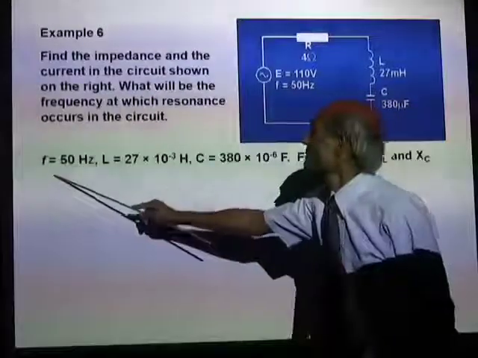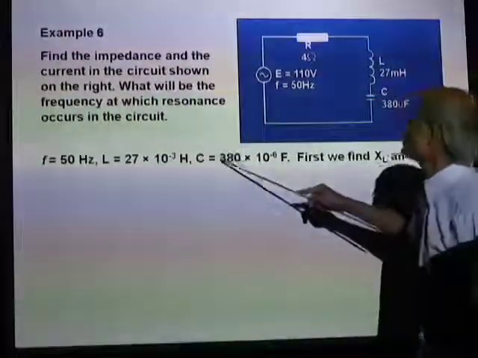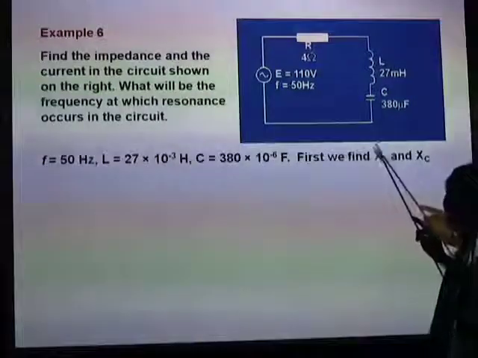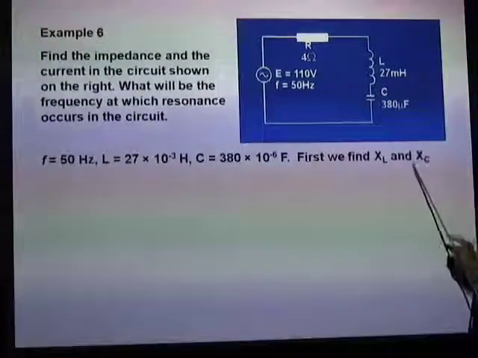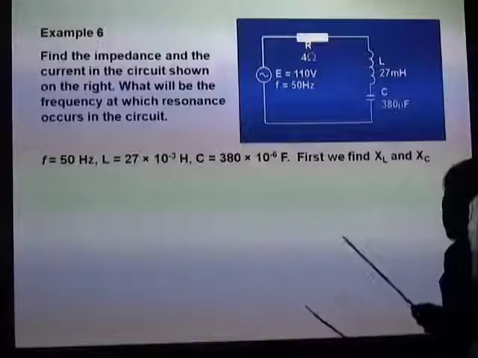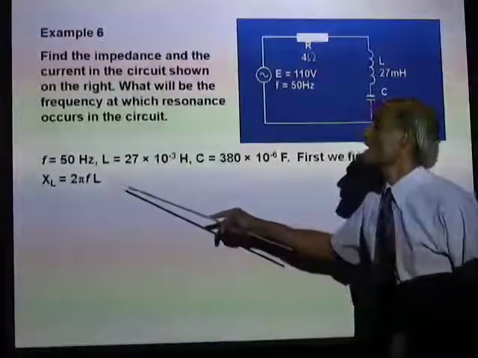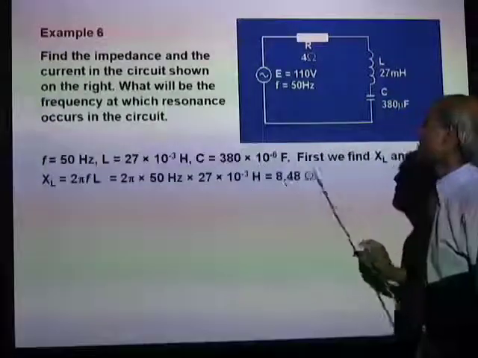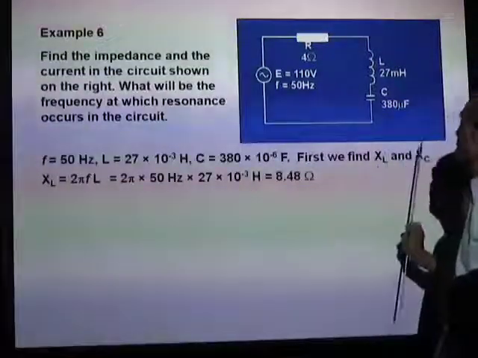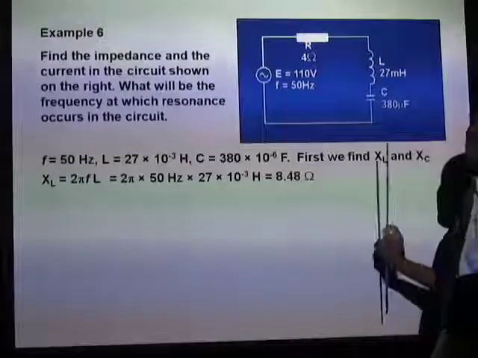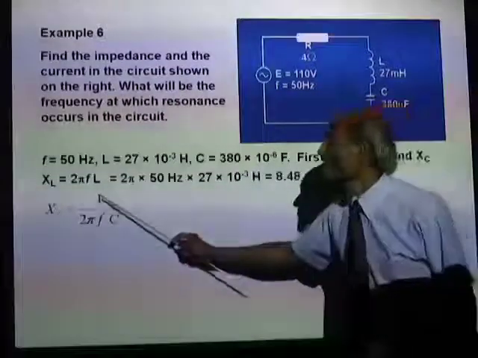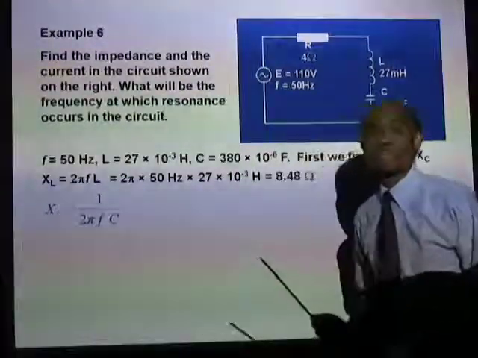Well, we got the frequency, inductance, capacitance. First we find XL and XC. Simply use the formula. XL is 2 pi FL, and that will be 8.48 ohm. And how about XC? XC is 1 over 2 pi FC.